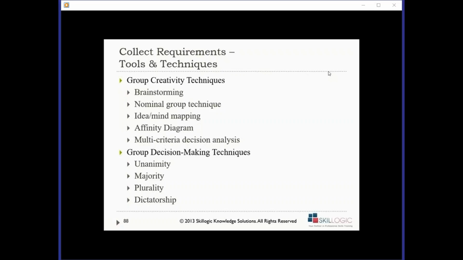Now, out of six people, majority is more than three people raising their hand, and the requirement is accepted. Always remember, accepting the requirement doesn't mean that it will be developed. It just means that we will study this requirement further and then come back and find out if it should be included in the scope or not. So majority is when more than 50% of the people agree to it.